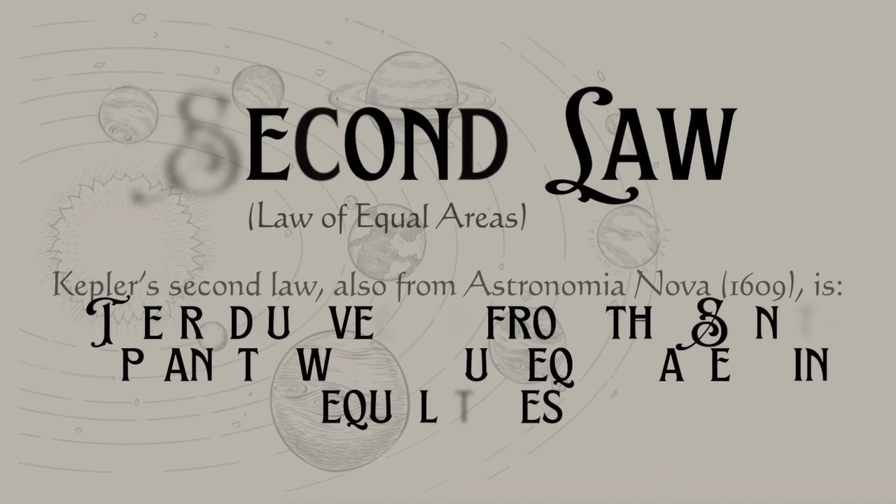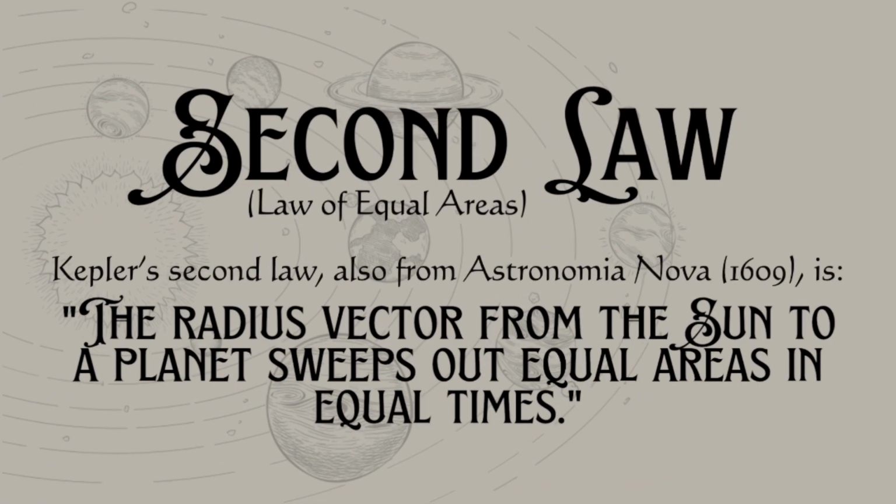The second law, the law of equal areas, that is also presented in Astronomia Nova, states that as a planet moves along its orbit, it moves faster when it is closer to the Sun and slower when it is farther away.